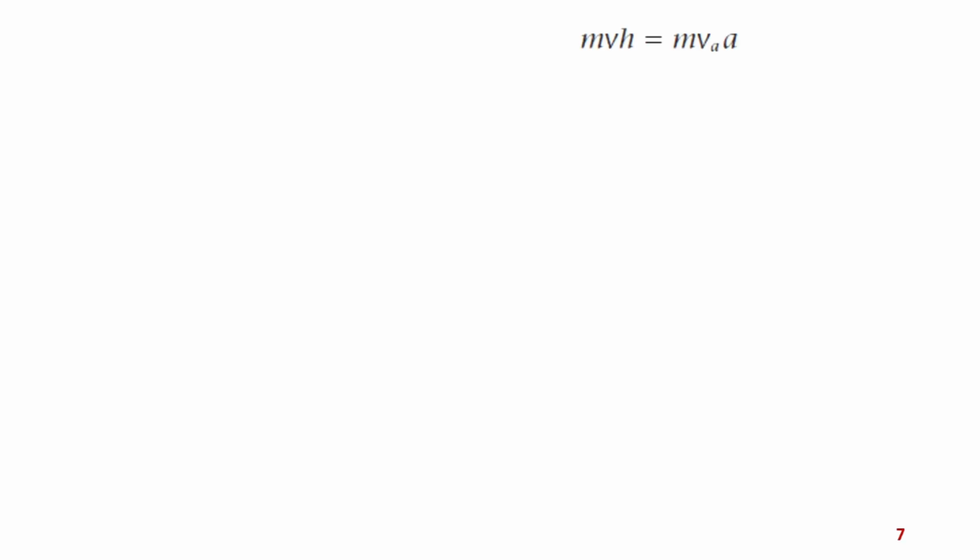So, this is the equation we wrote. We do not know what h is, I will now explain. What is a? a is the radius of this sphere, and v a is the tangential velocity when it reaches the spacecraft surface.